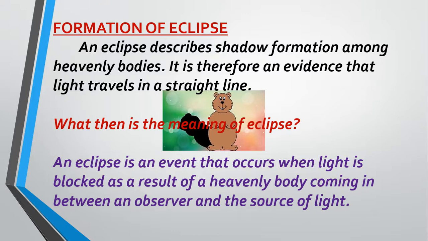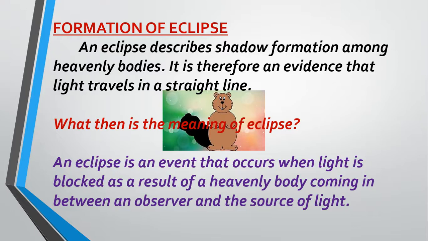We're saying that an eclipse is an event that occurs when light is blocked or obstructed as a result of a heavenly body coming in between an observer and the source of light.